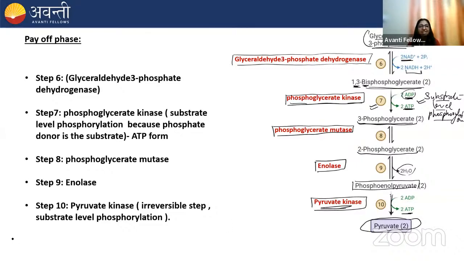It is very important that even the NCERT has mentioned the steps where NADH formation is taking place, the steps where ATP formation is taking place, step number 7 and step number 10, right? And the step where ATP utilization is taking place, that is in the preparatory phase. These steps are very important. Please remember these steps. And glycolysis is a 10-step reaction.